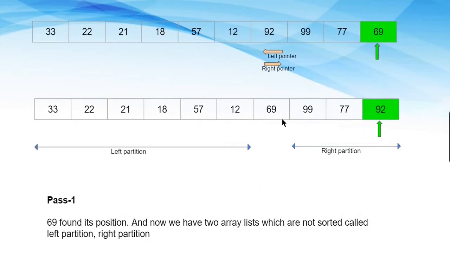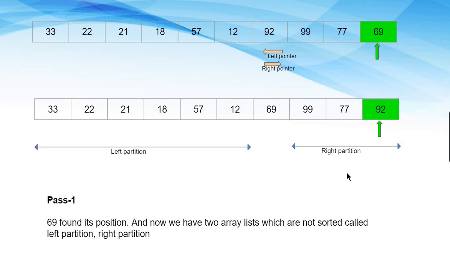So in this process, we got 69 at its right place and got a left partition and a right partition. The same process, we need to continue with the left partition and right partition. From the left partition, maybe we'll have another two partitions, and from the right partition, we'll have two more partitions. Those subpartitions will again continue.